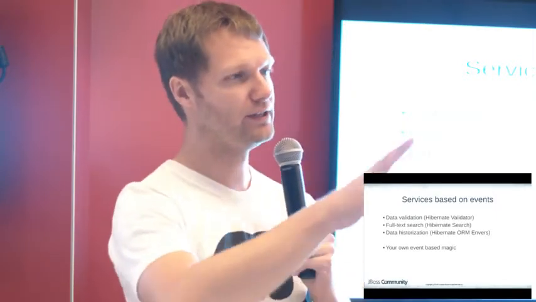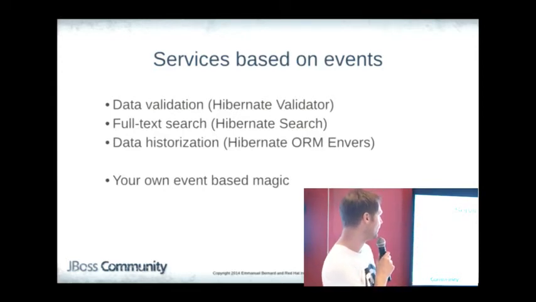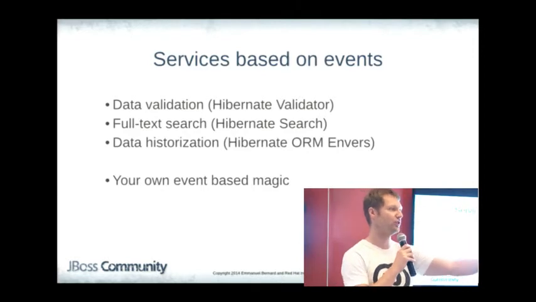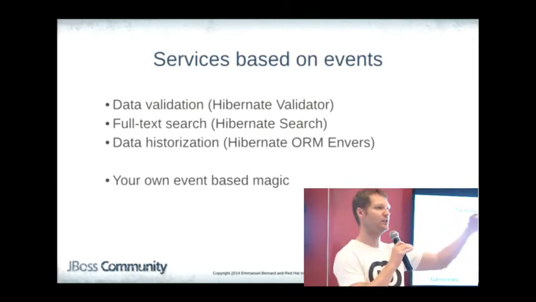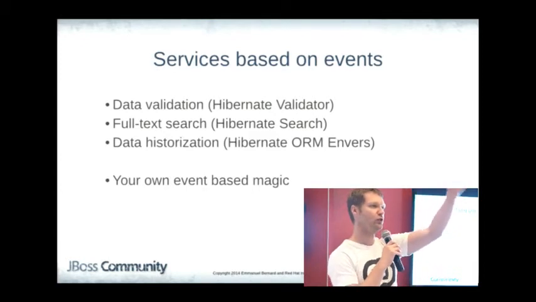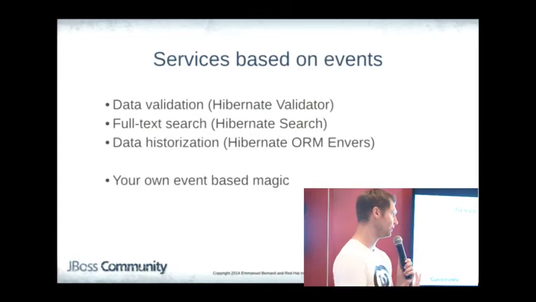And you do a query that is somewhat object-oriented, where you express, I want all the objects whose title looks like this one, and maybe where the location is within 5 miles of this radius, and so on and so on. And finally, we can do data historization, meaning that instead of just changing the data, yes, we change the data in the database, but we also store the fact that we changed the data from that value to that value, so that you can do queries back in time and realize what was the state of your data.